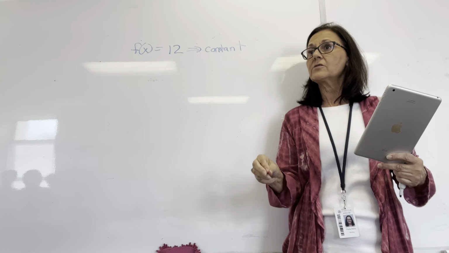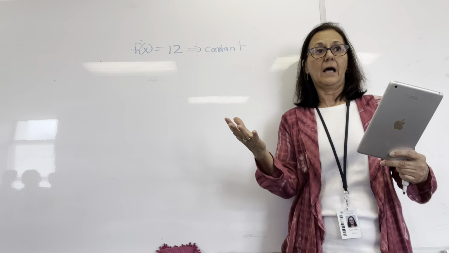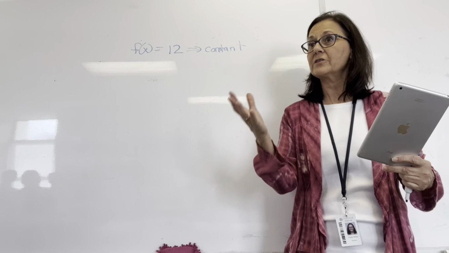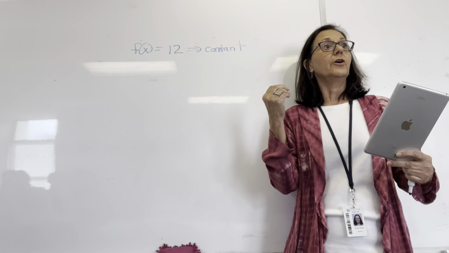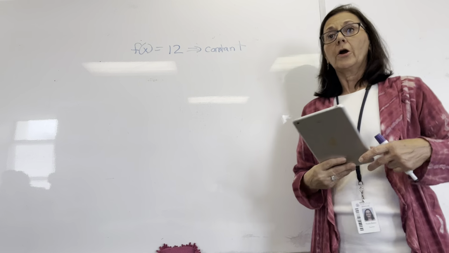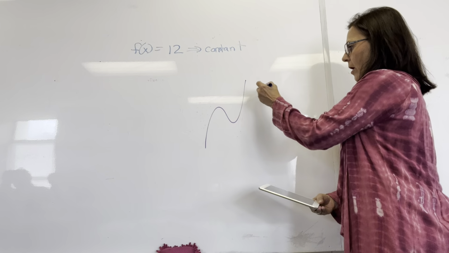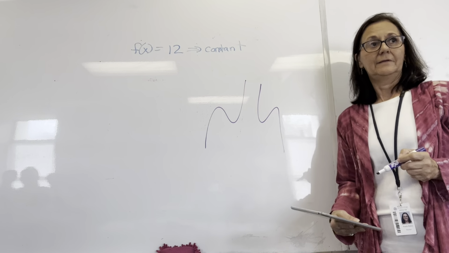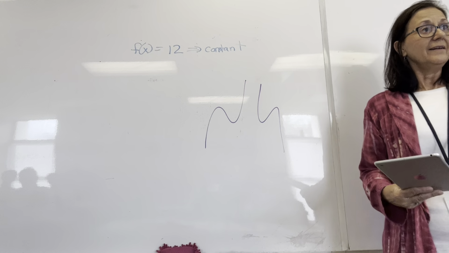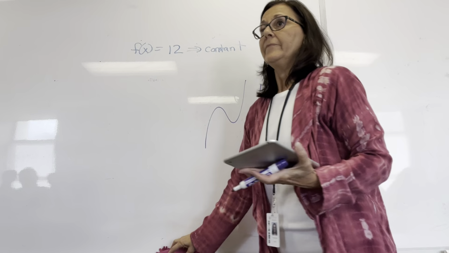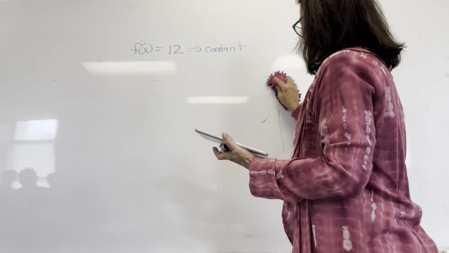Your second degrees are all, what do they look visually like? Parabolas, right? Your third degree polynomials are cubic. They look like that or that. Your fourth degree, so on. Quartic, actually. Second degree is quadratic. All right?